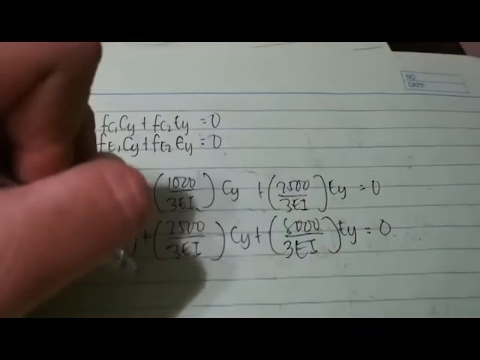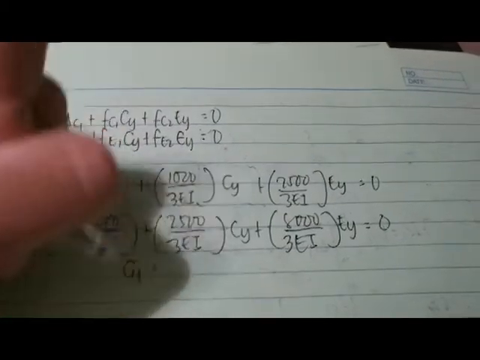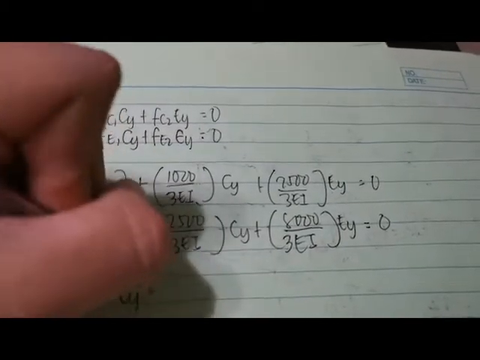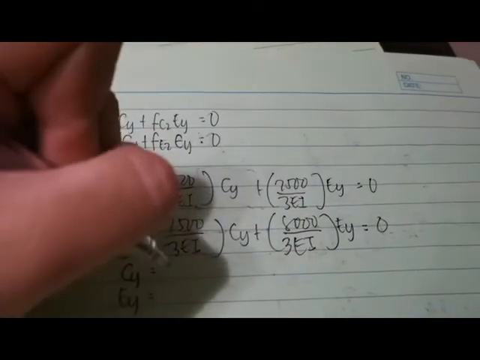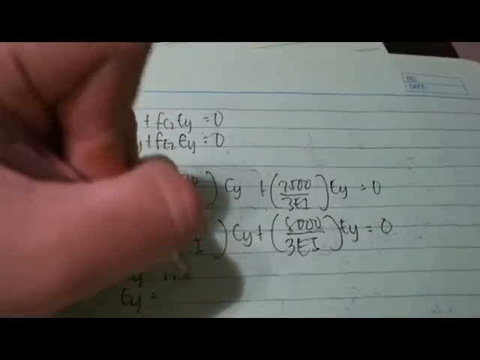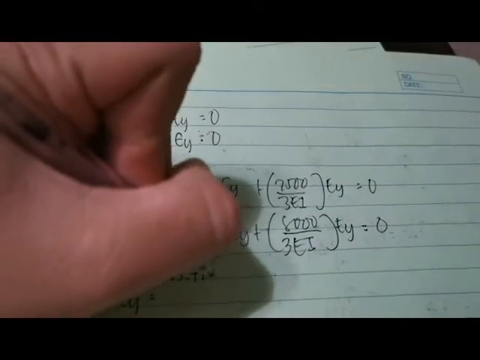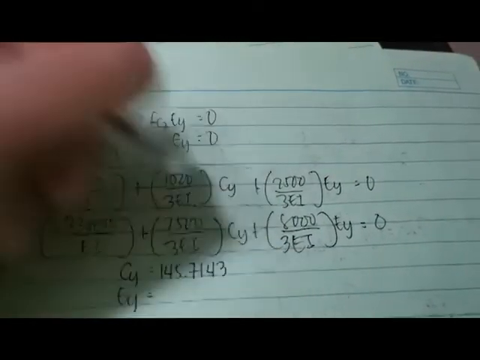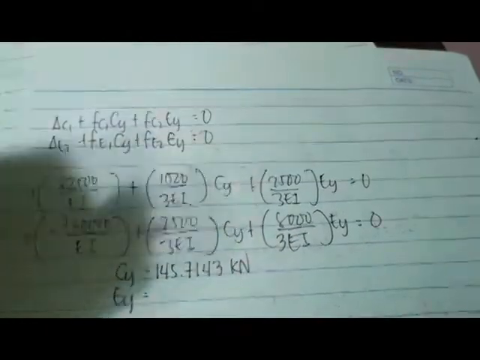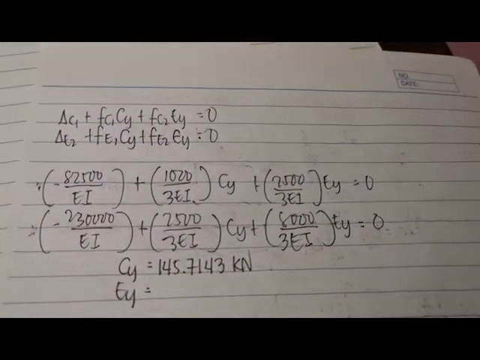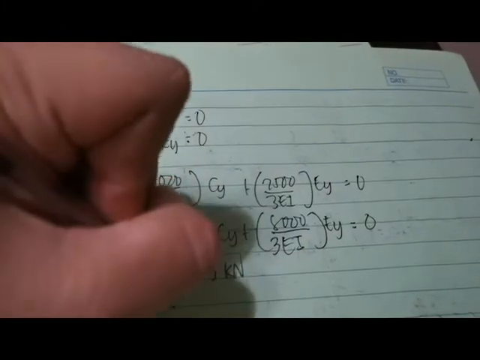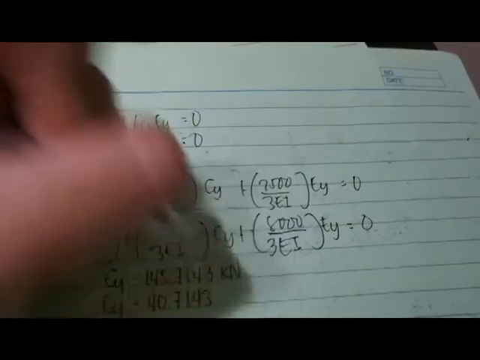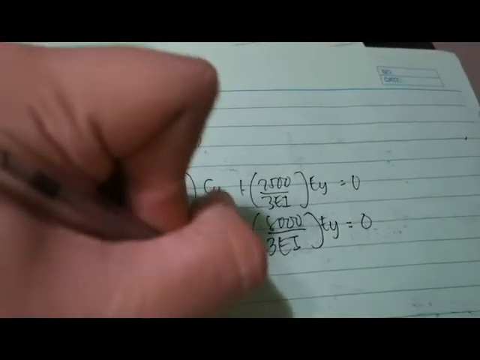Your CY is equal to 145.7143 kilonewton, and your EY is equal to 40.7143 kilonewton.